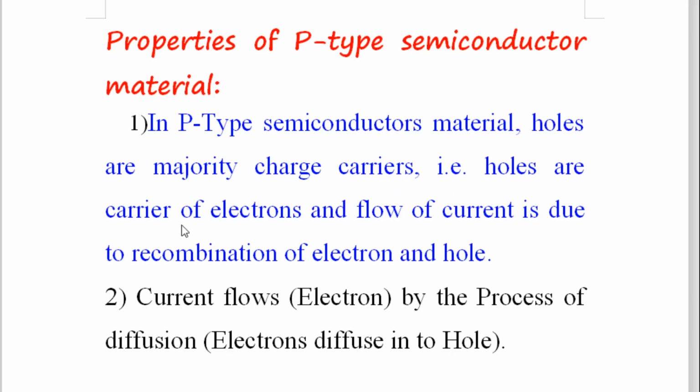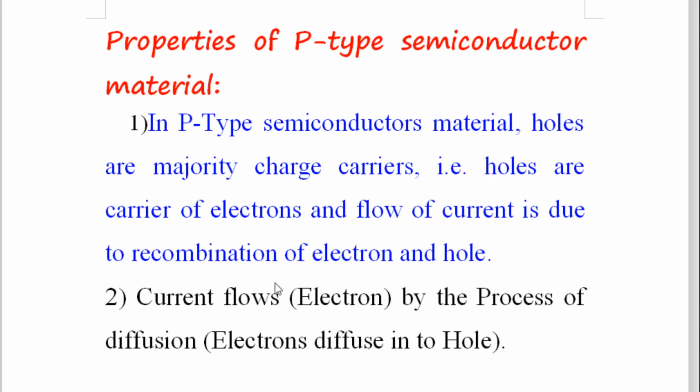That is, holes are carriers of electrons, and flow of current is due to recombination of electron and hole. So in p-type semiconductor material, majority charge carriers are the holes only.